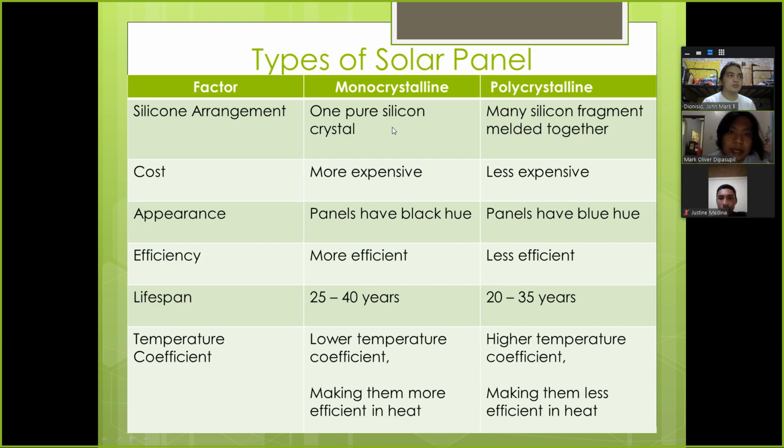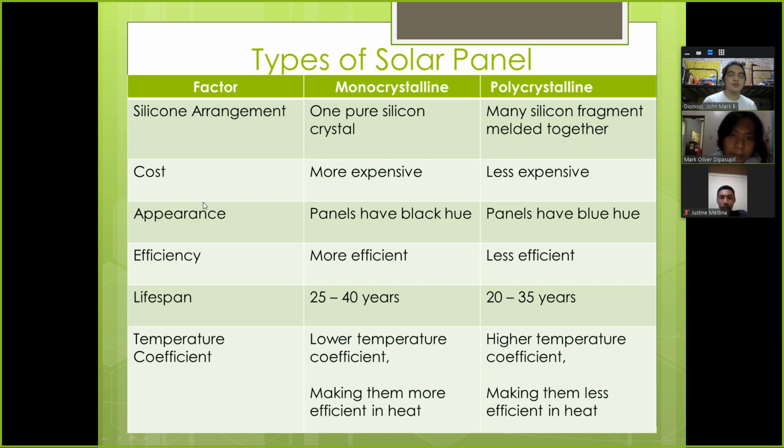Sa isang monocrystalline na solar panel, yung gagamitin na silicon na semiconductor is isa lang, hindi siya fragmented. Parang isang piraso lang siya. Unlike dito sa polycrystalline, para lang siyang maraming fragments ng silicon na pinagdikit-dikit or pinag-melt together. Kaya sinabing monocrystalline and polycrystalline.